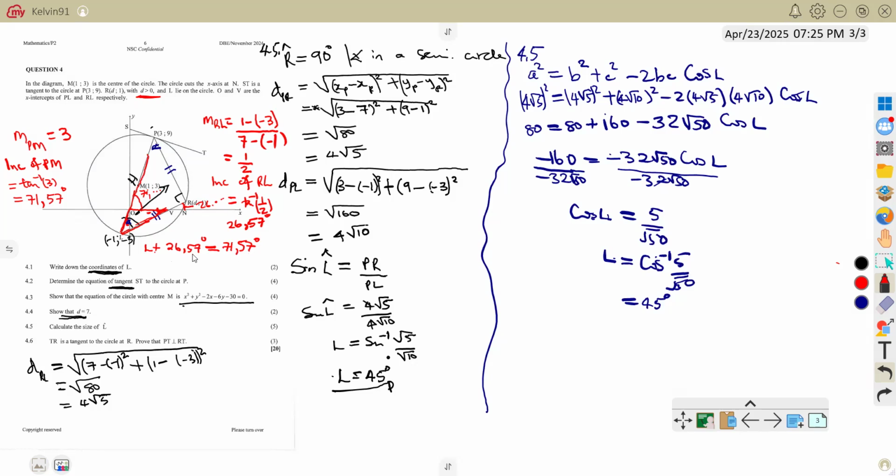And what is the reason for this? It's exterior angle of a triangle. Then from there, we can make L the subject of the formula by subtracting this here. Still, we are going to come to our 45 degrees.